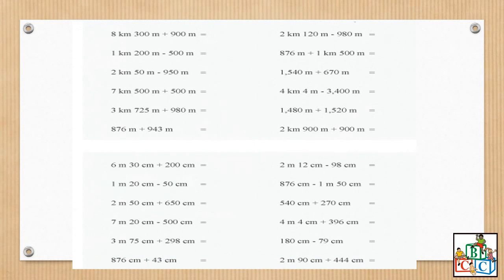Okay, this is the exercise. I hope it is clear for you. You are able to see clearly what is written. So these are addition and subtraction questions in your copybook.